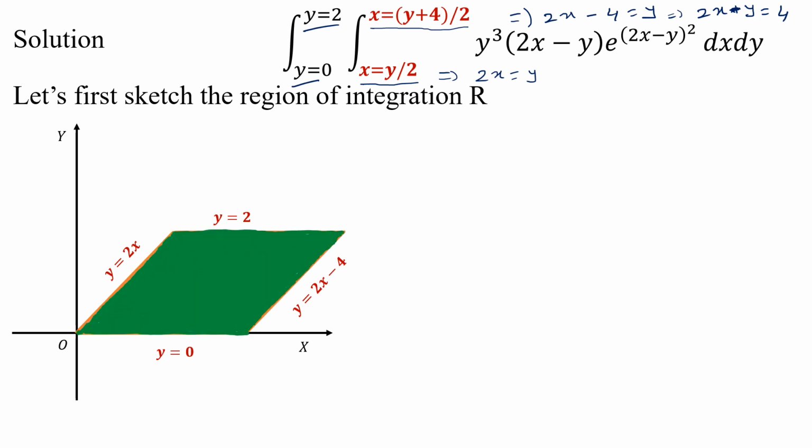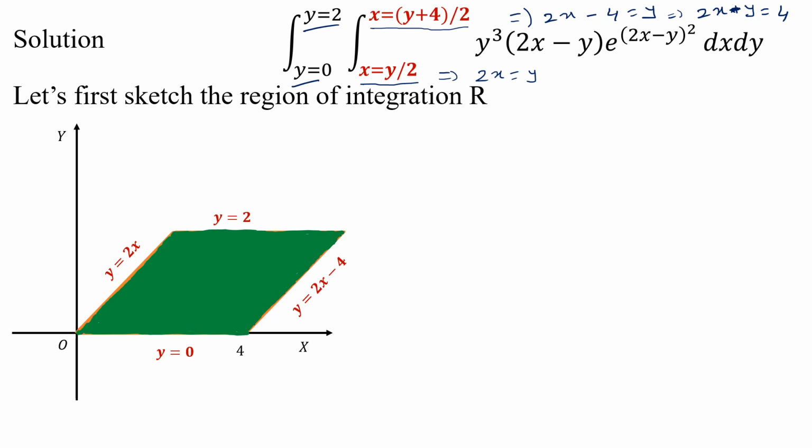So this is the region over which the integration needs to be performed initially. So this area that we get. But the thing is, we have to operate a change of variable. So for the change of variable, these points we have taken here.